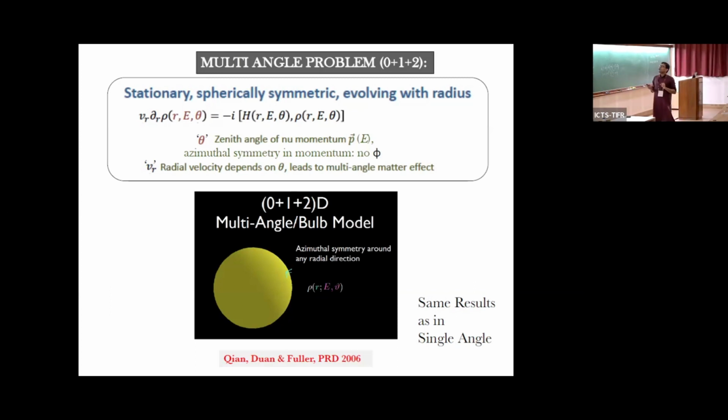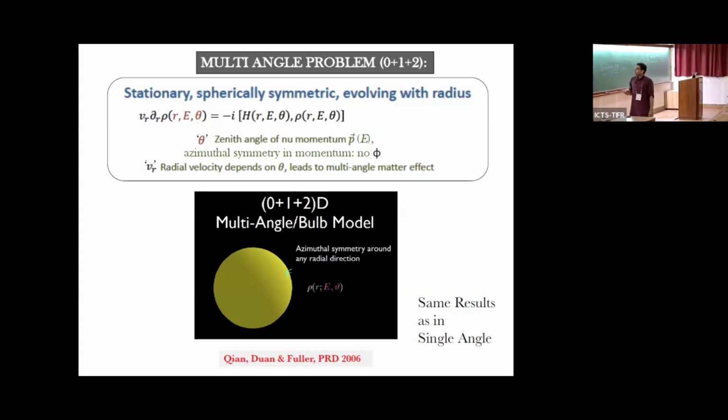But now I'm going to have different theta modes. So the rho, the density matrix, will now not be only on R and E. There is another set of matrices going to come up. You have opened up another index, so your problem becomes much more complex. So people did that, and they call it the multi-angle bulb model.